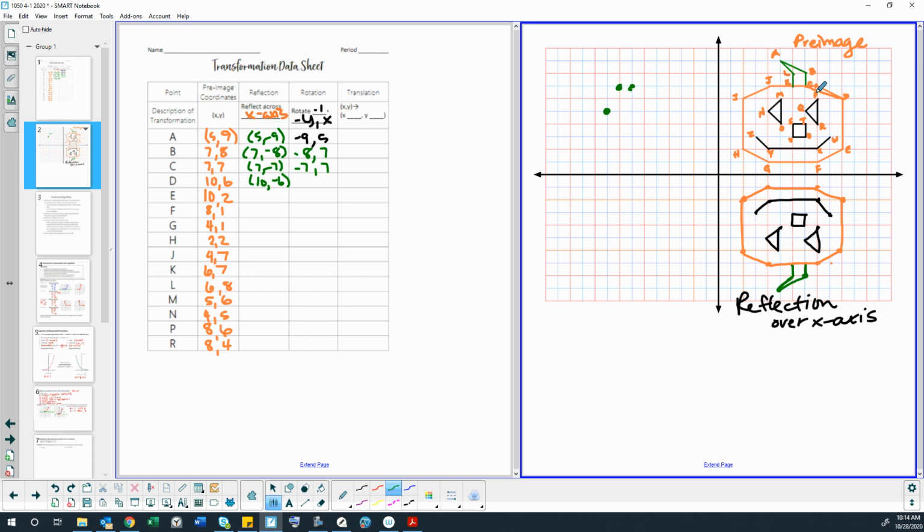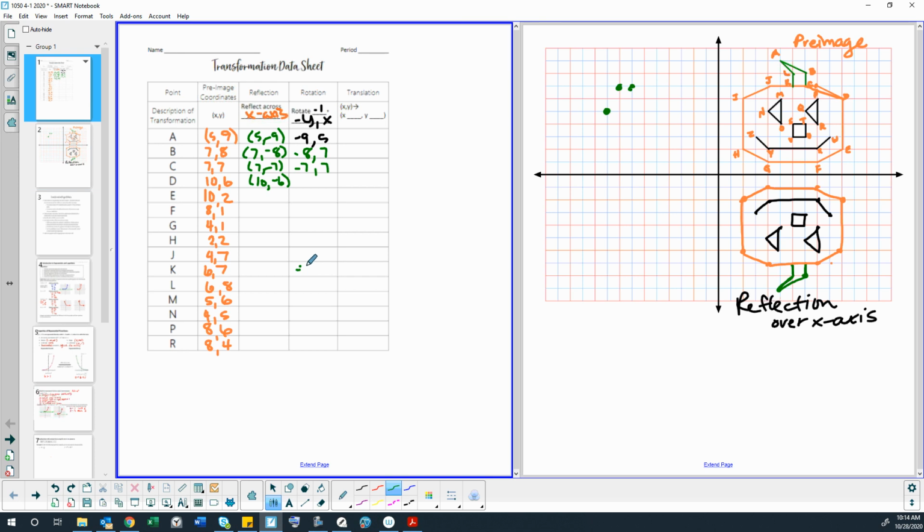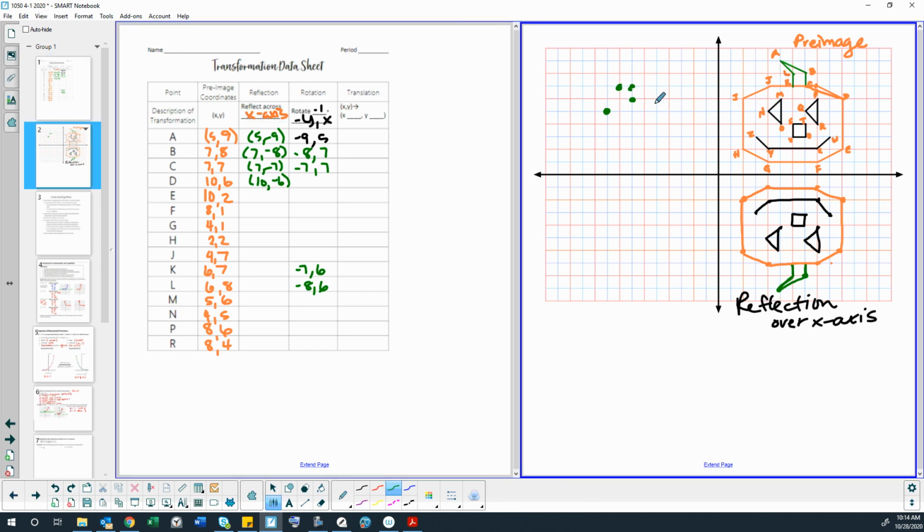And then for point D, actually, you know what? I'm going to jump down and do L and K so I can finish the step. So K would be at -7, 6, because I'm trading x and y and making the first number negative, and -8, 6. So let's do those. -7, 6, and -8, 6.